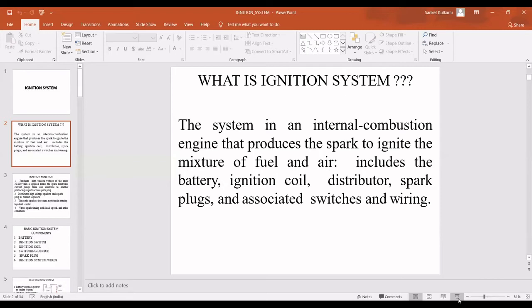Another point, the combustion efficiency plays a very important role. What is the combustion efficiency? The fuel efficiency. As soon as the spark is produced, the compressed charge should get ignited within the shortest possible time, so as to have better fuel efficiency, so that more heat energy is generated in the combustion chamber.